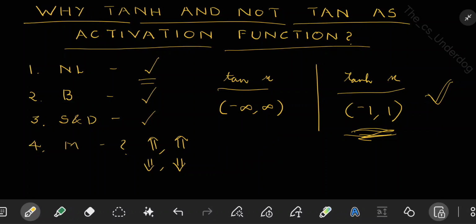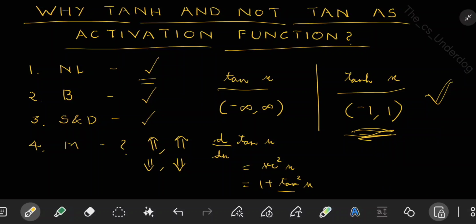When I say a consistent gradient direction is not there, let me explain this. If you take d by dx of tan x, what do you get? This you already know: d by dx of tan x is sec square x. Sec square x can also be written as 1 plus tan square x.